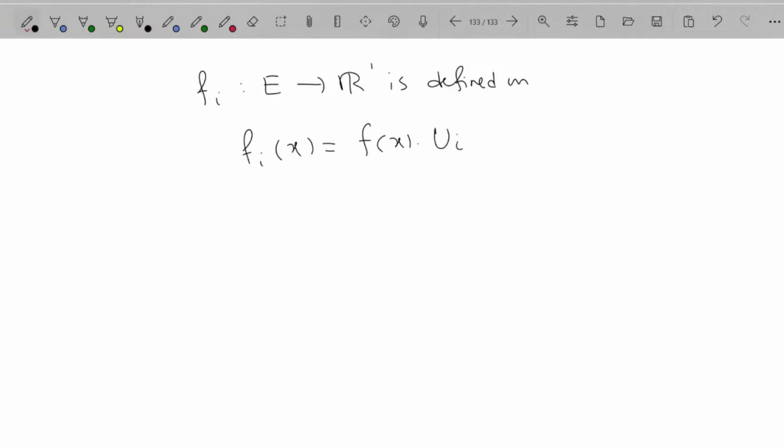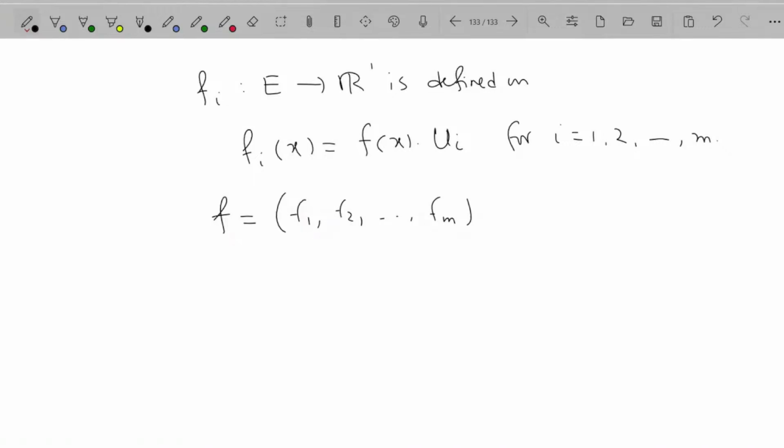If you take the dot product, you will get that fi. So fi at a point x is defined as f of x dot ui, for i equals 1 to m. So in general we write f as f1, f2, ..., fm. These are the component functions for f. Is it clear?